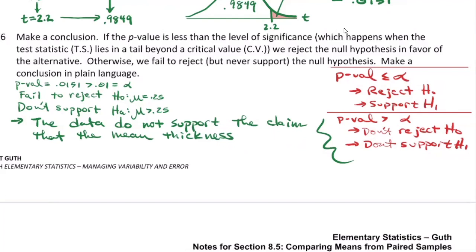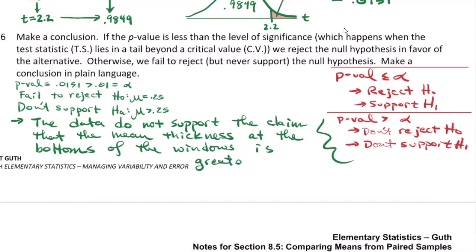Okay, so the mean thickness at the bottom of the windows, I'll say the bottoms, is greater than 0.25 inches.